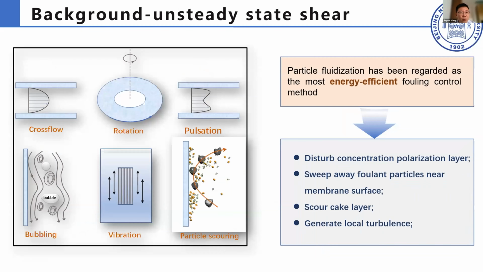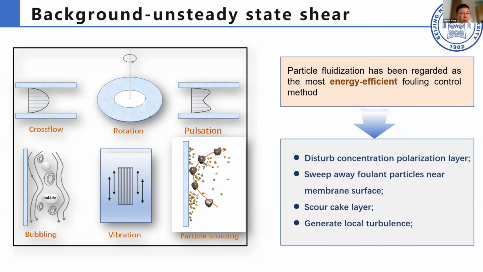Also, there are many methods to control fouling, like innovative membrane materials, membrane configuration, and inducing chemicals. What I want to introduce today is the physical method, because the physical method in MBR has been acknowledged as the most green and highly efficient one.